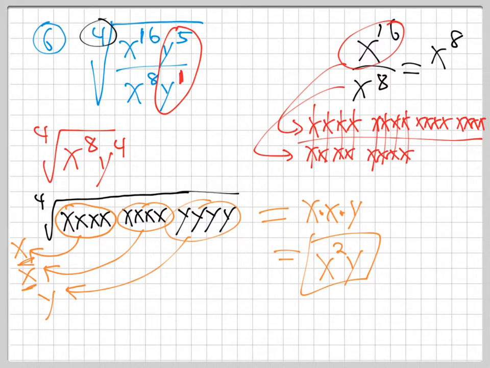So what Brian was saying is the quick way to do it. Just take that 8 and divide by 4, and take that 4 and divide by 4. That'll make it 2 and 1. You see how that would have been even quicker, right? Because that's what happens.